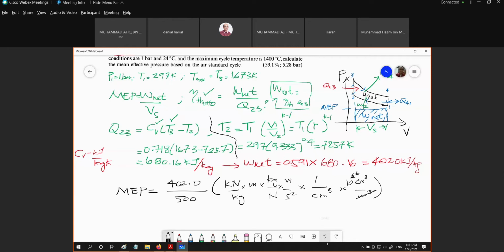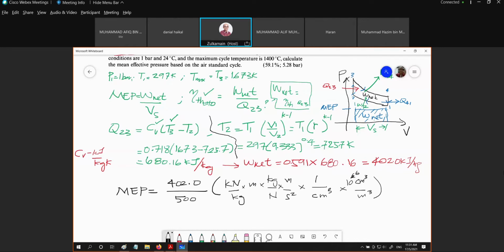Undo first. Kilonewton meter. Newton is kilogram meter per second squared. I need the unit of meter squared at the bottom. What did I do wrong? Anyone? Kilonewton meter is kilojoule.